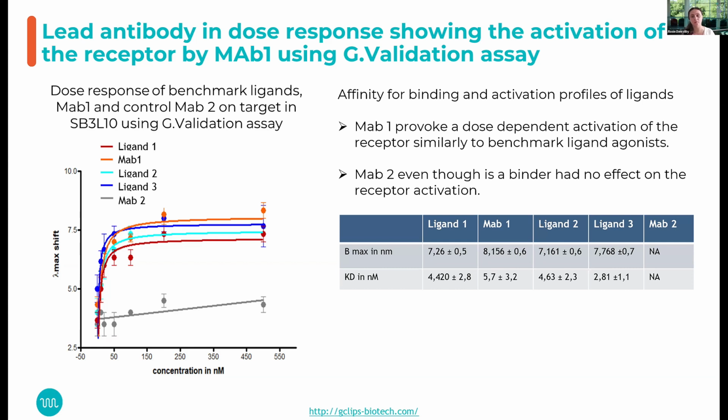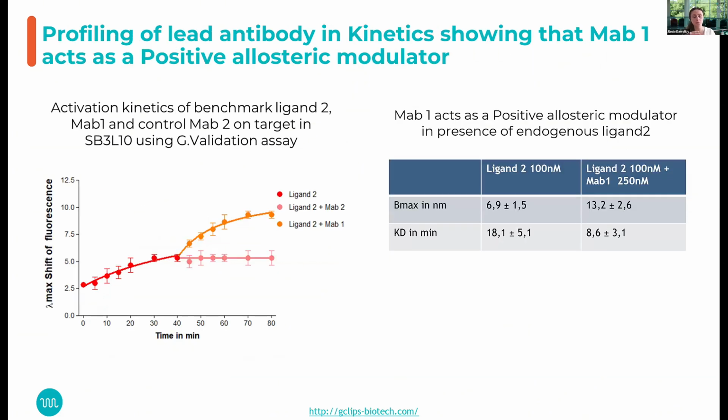So what we could demonstrate is that MAB1 provokes a dose response activation that is similar to the benchmark ligands. But we went a bit further and said, okay, let's see if this antibody can be a competitor. So we first used the internal ligand, the natural ligand, to activate the receptor, and then added either MAB1 or MAB2.